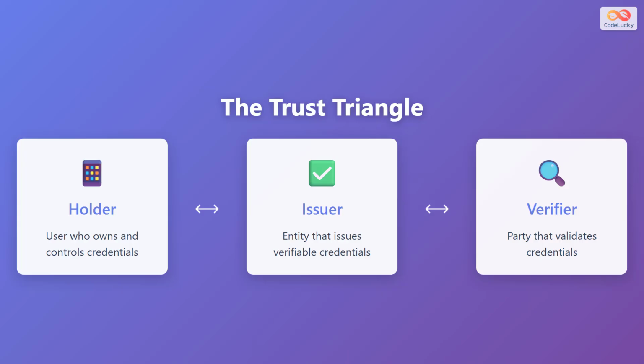The beauty of this system is that these three parties can interact and establish trust without any central authority acting as a middleman. The holder presents credentials to the verifier, who can then independently verify their authenticity by checking the issuer's cryptographic signature, all without compromising the holder's privacy or control.